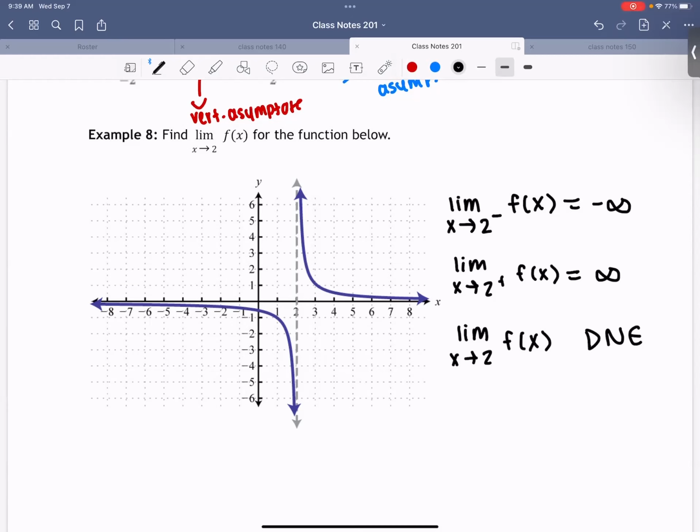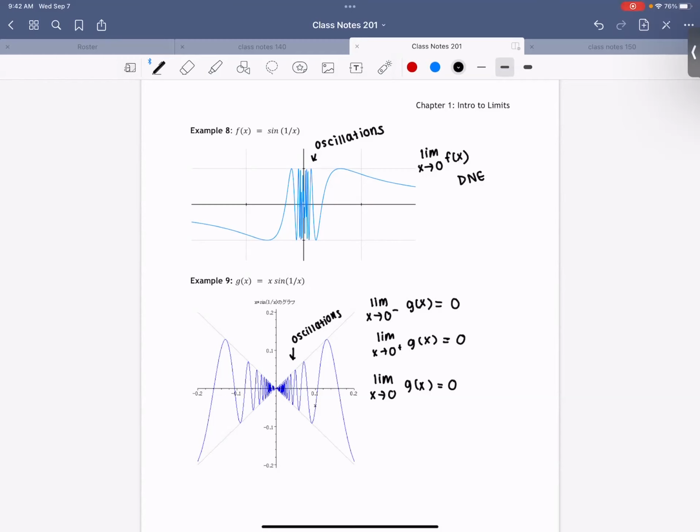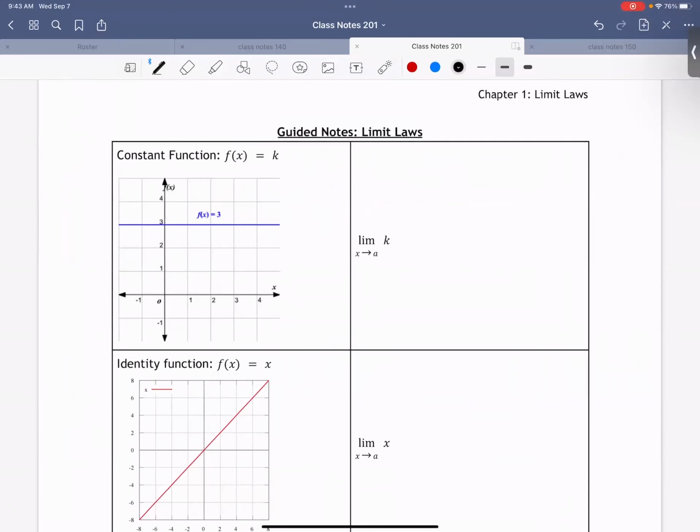Okay. So far we've talked about finding limits graphically, right? Basically, the process we've done to find limits is to graph the function, find the limit from the left, find the limit from the right, and then if they match, then the limit exists. That's what we've done so far, okay? Now, in the real world, maybe graphing things might take a little bit too much time.